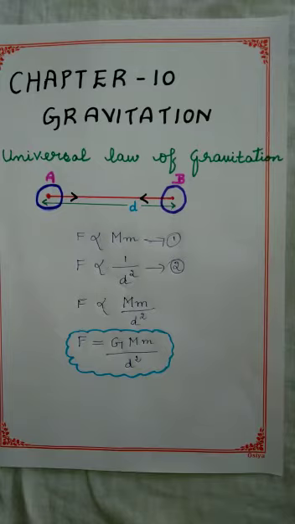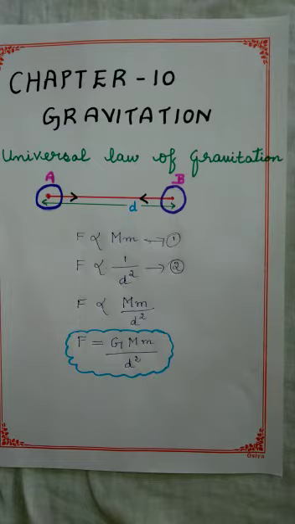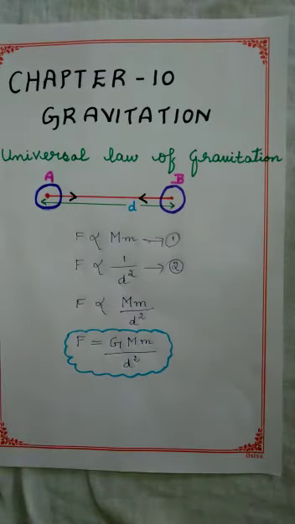And inversely proportional means that as the force on the object increases, the distance between the two objects decreases. On the other hand, as the distance between the two objects increases, the force acting on the objects decreases.